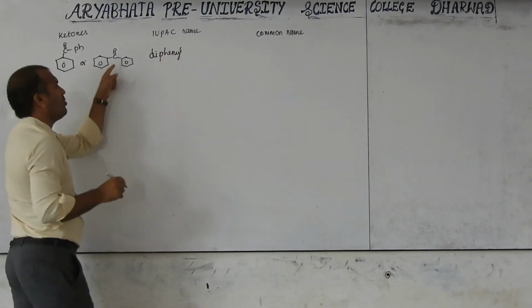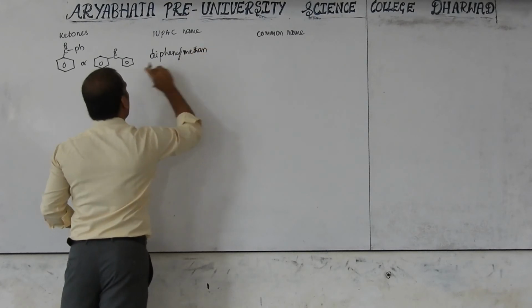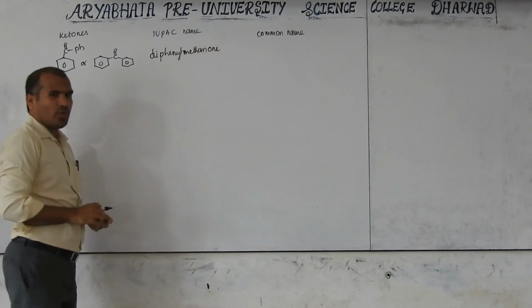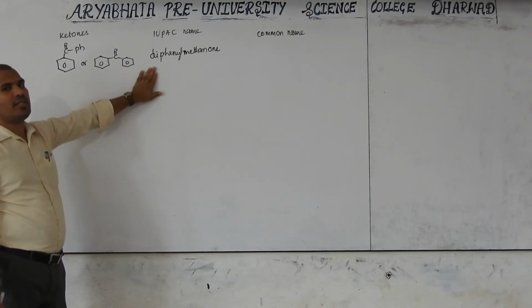Diphenyl, 1 carbon, methane. Remove E and add one. Diphenylmethanol is the IUPAC name. Sometimes it's confusing, that's why you have to practice this name.